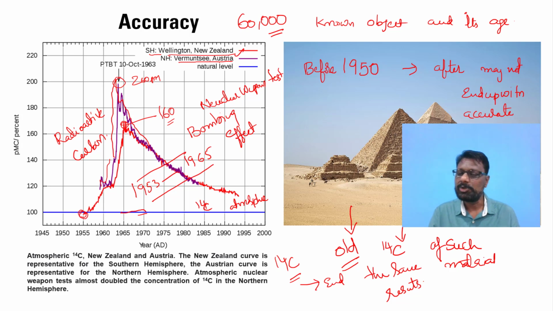We need to use other alternative dating techniques which normally give you the age of these things accurately. So this is how the carbon dating technology is normally used to determine the age of objects which contain organic substances.